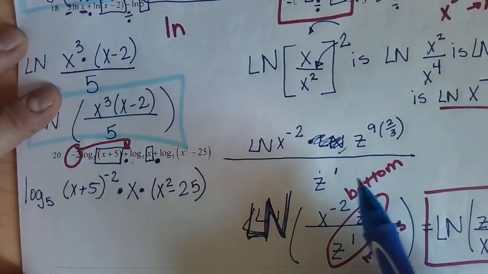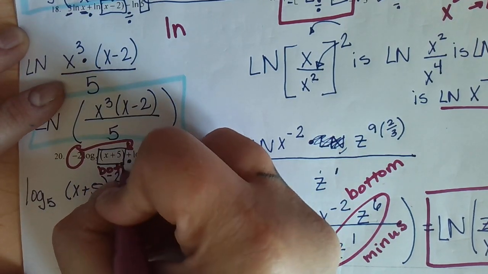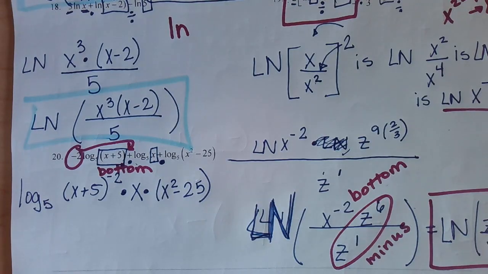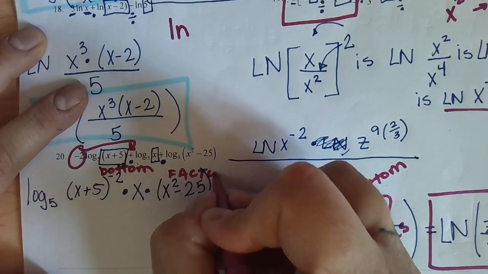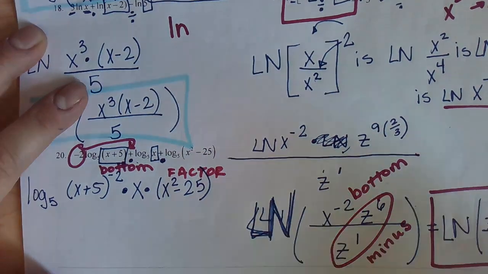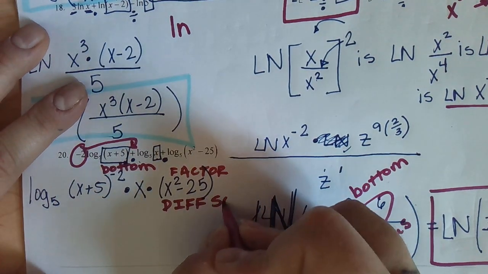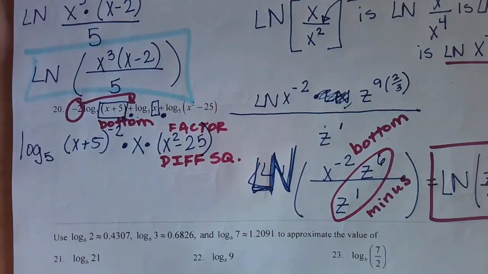First, we're going to use that trick where we take the negative exponent and swing that guy down to the bottom. The second thing that we're going to do is we're going to try and factor this x squared minus 25 because it's a difference of squares. And I'm thinking maybe it can cancel and we can make all this way smaller.